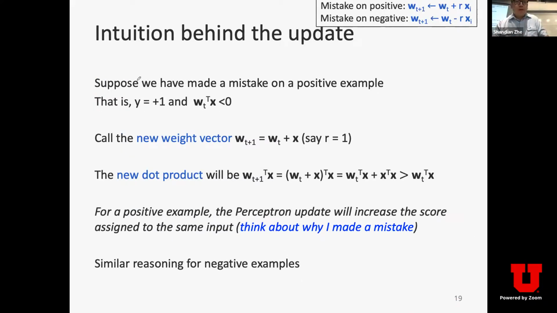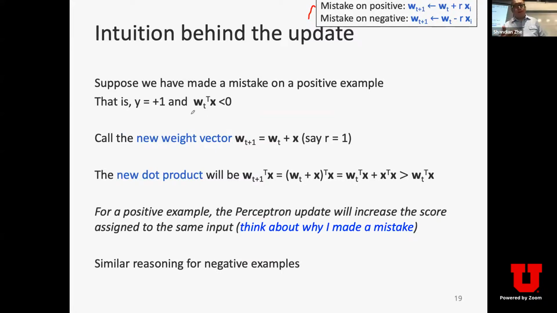Okay. Now let us talk about why such a heuristic rule in updating our weight vector is reasonable. Why should we impose such an updating rule? Let us consider when we make a mistake on a positive example. That means the true label is 1, but our classification score is negative.